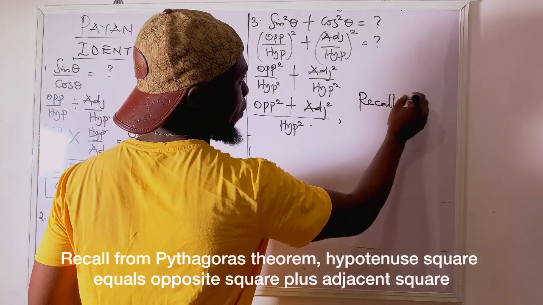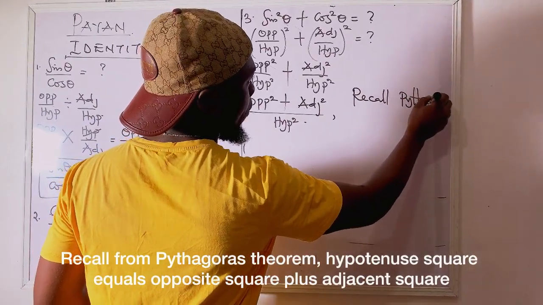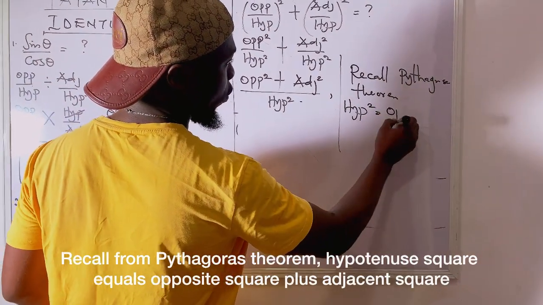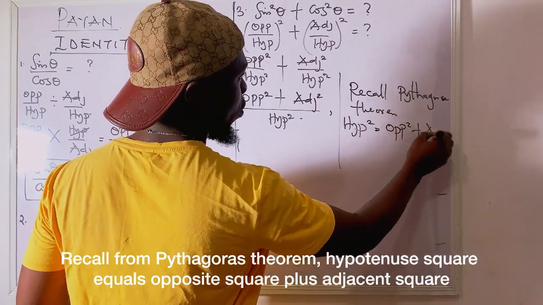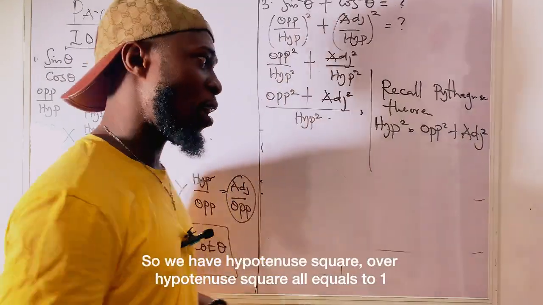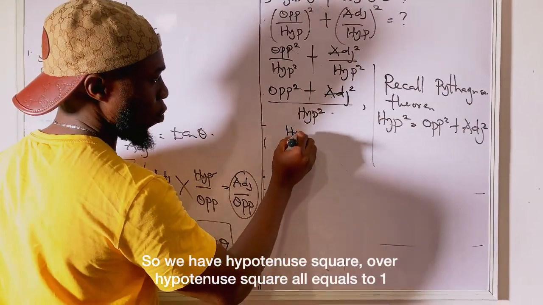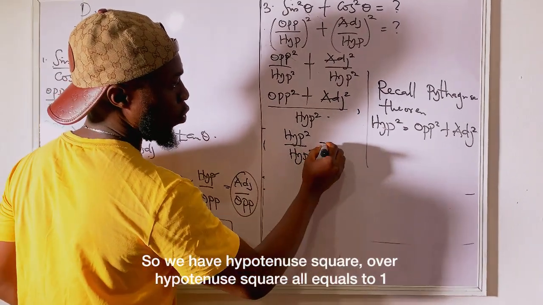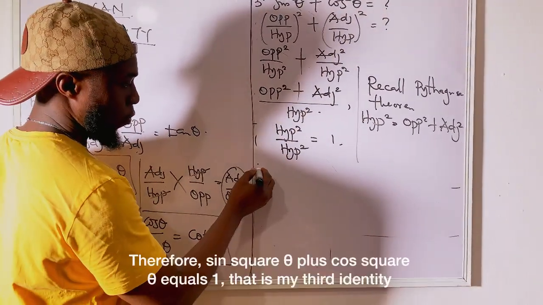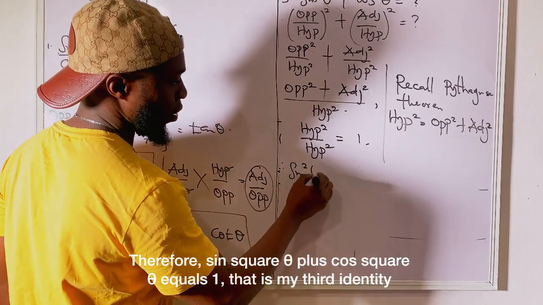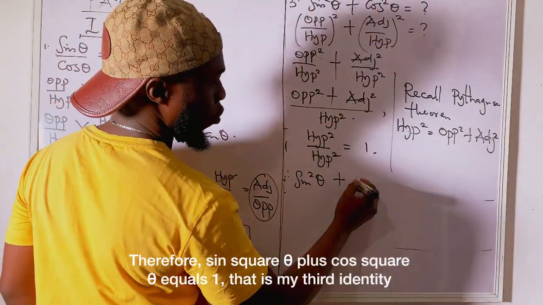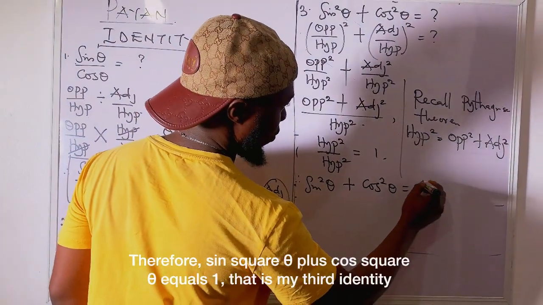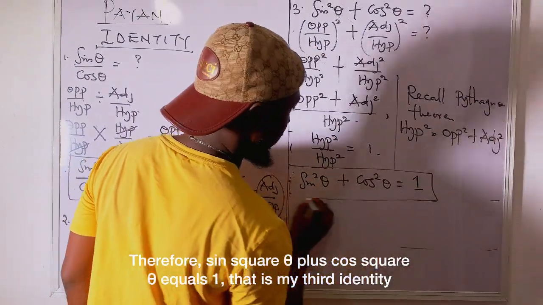Recall from Pythagoras theorem, hypotenuse square equals opposite square plus adjacent square. So we have hypotenuse square over hypotenuse square, which equals 1. Therefore, sine square theta plus cos square theta equals 1. That is my third identity.